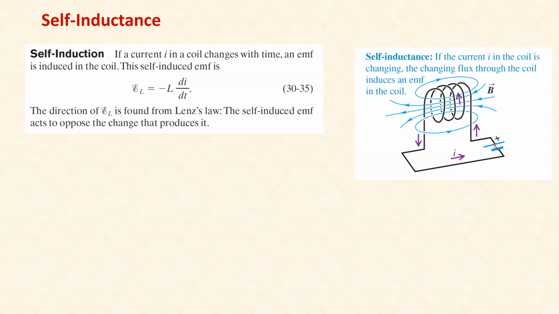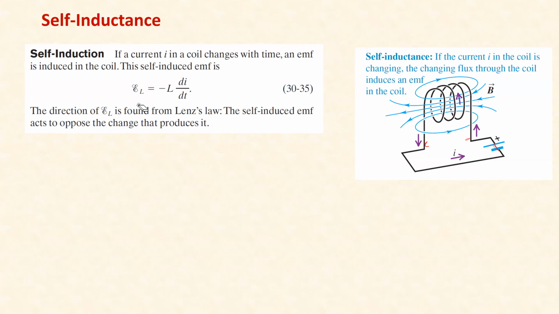The induced EMF is given by this. It is proportional to the inductance and to the rate of change of the current inside the inductor. There's a negative sign because the induced EMF is opposite to the rate of change of current. It creates its own current that opposes the change of the original current.